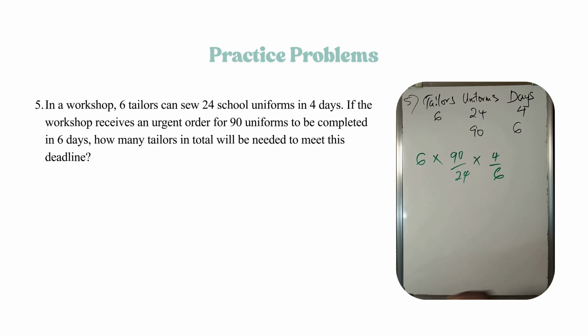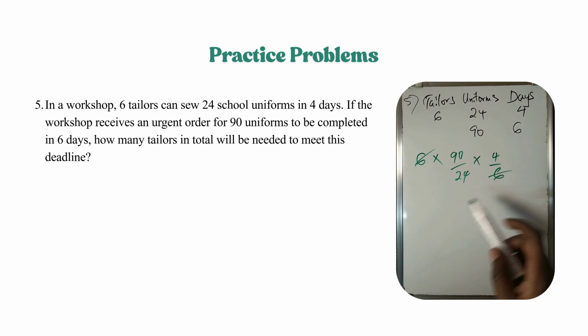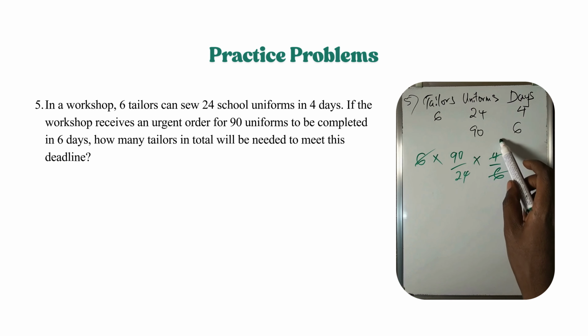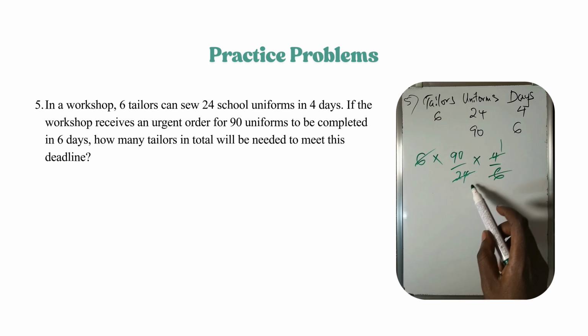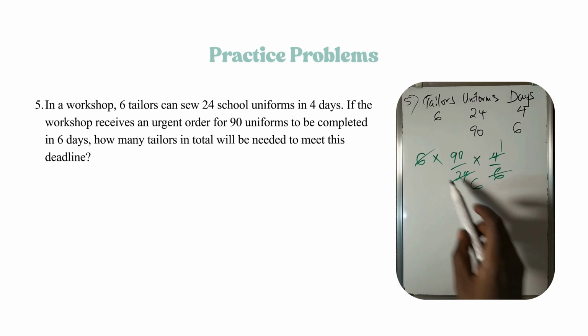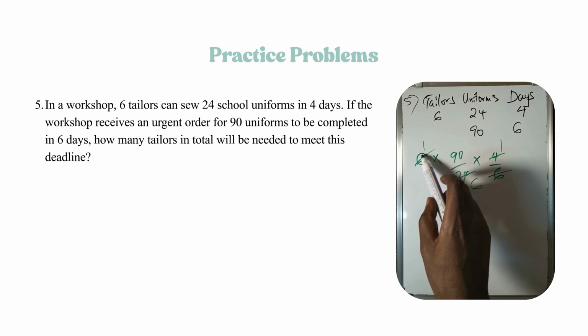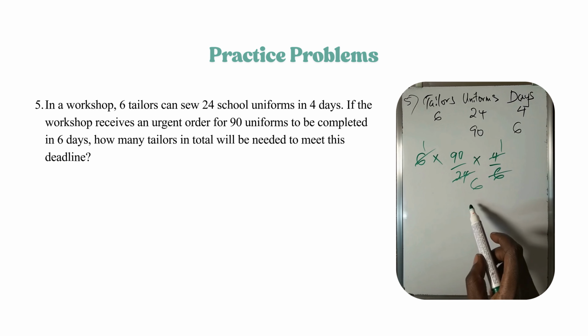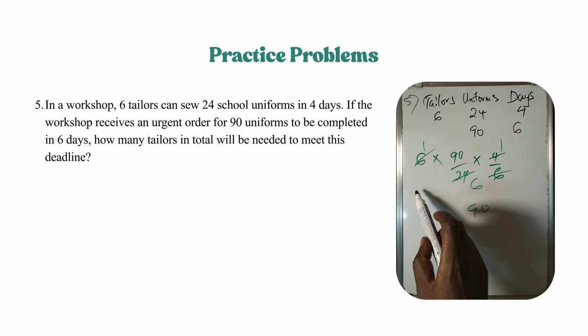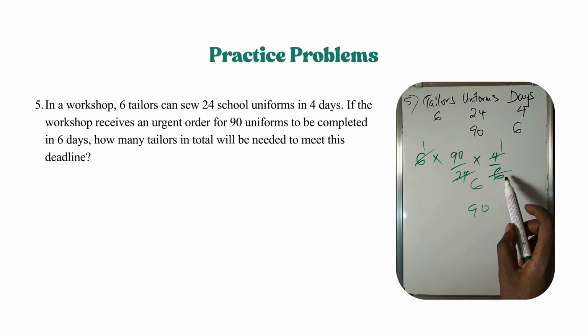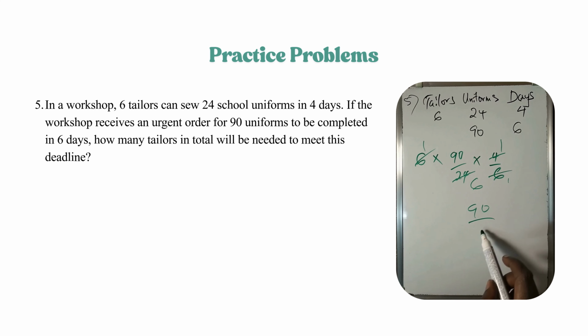Now let's do it. Let's start cancelling. Let's cancel 6 here by that 6. Let's cancel 4 here, 1. Let's cancel 4 here, 6. Now we have 1 times 90 times this. We have 90, and down here we have 1 here, and then we have 6.